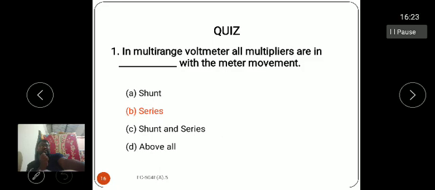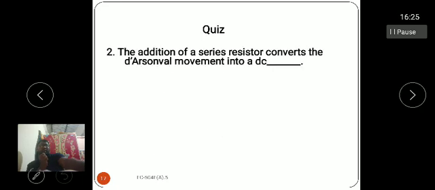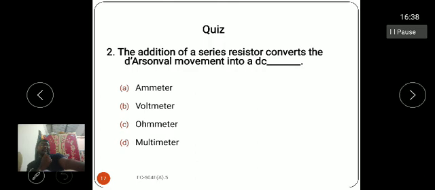Answer is series. The addition of series resistors converts the D'Arsonval movement into a DC ammeter, DC voltmeter, DC ohmmeter, or DC multimeter. Your answer is DC voltmeter.